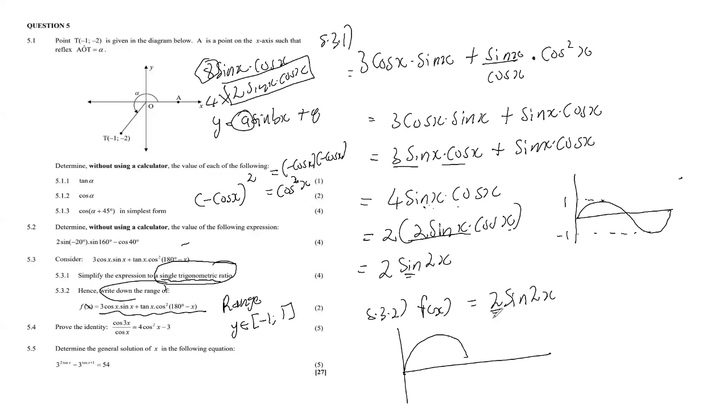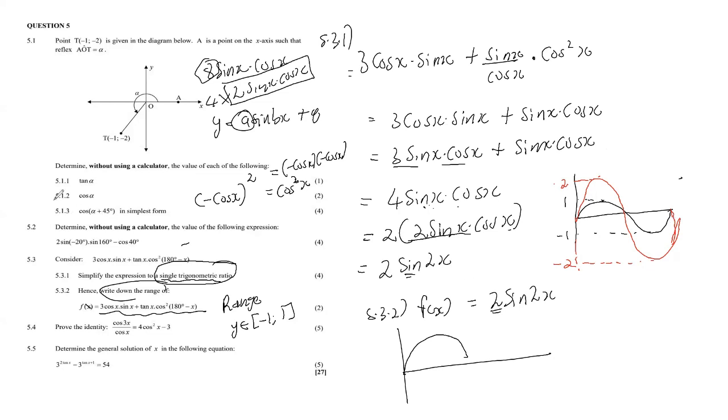So if now it is 2, that means this very same graph here has been expanded like this. This very same graph here has been expanded like that. So now that means the maximum value is now +2, and the minimum value is now -2.